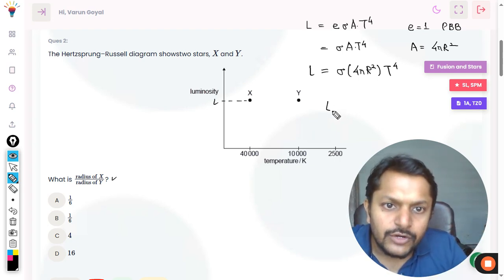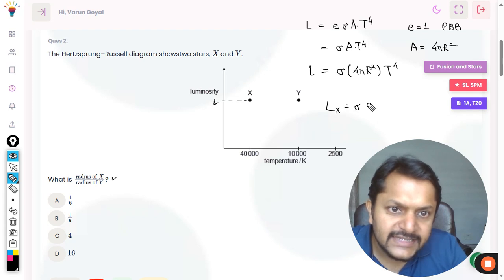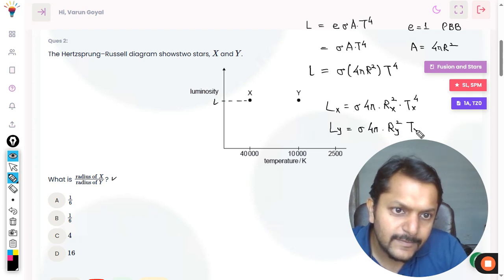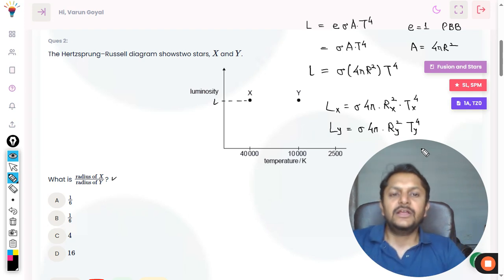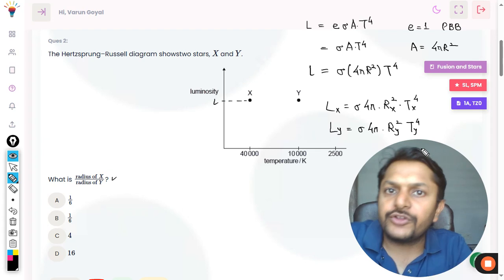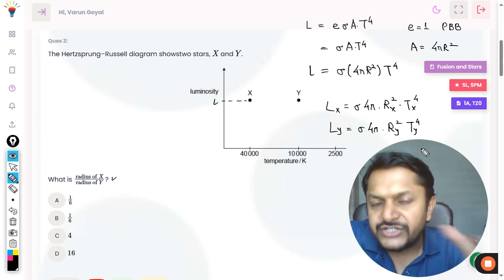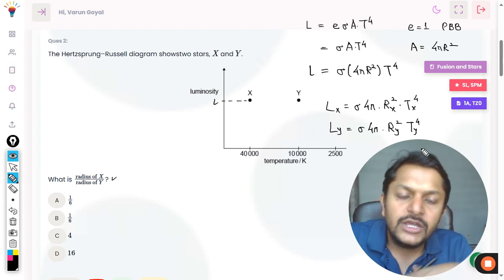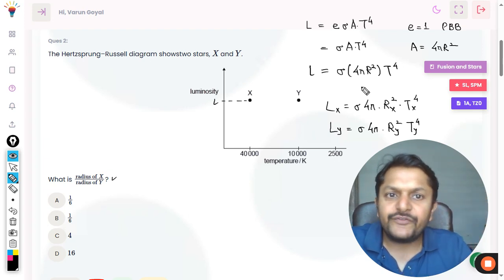So we can now write the luminosity of X as sigma 4 pi, which is constant, Rx squared, and the temperature of X raised to power 4. Similarly, the luminosity of Y can be written like this. Although in our books they have created the formula for the radius, and you can check the data booklet if that is given there or not, that is derived from this only.